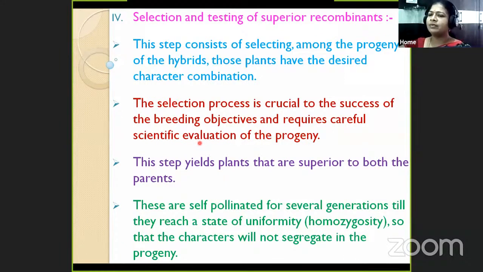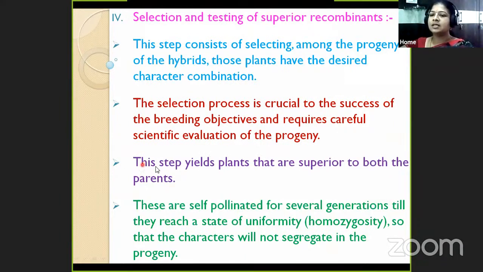That standard variety is an old existing variety with desirable characters, which is used as an evaluation tool to evaluate the hybrid plant, whether it has superior qualities or not. So this scientific evaluation is the crucial step in the entire breeding program.